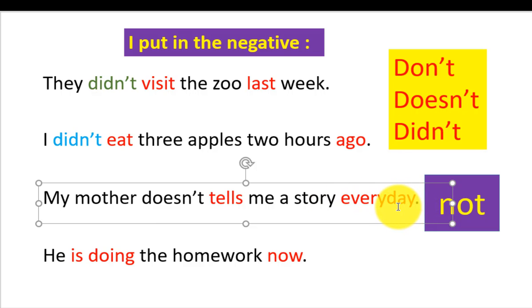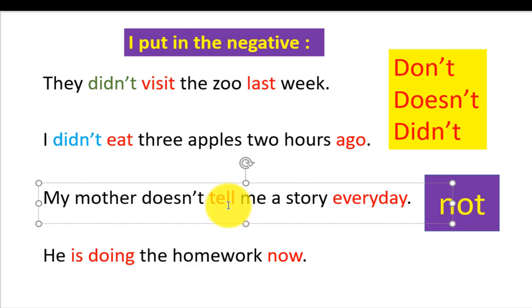What is the mistake? We have to remove what? Yes, teacher. We have to remove the S. Yes, very good. My mother doesn't tell me a story every day. Why have we put tell? Yes, because after doesn't, we must put the infinitive. If we have ate, we change it into eat. Visited, visit. Tells, tell. The infinitive of tells, tell.